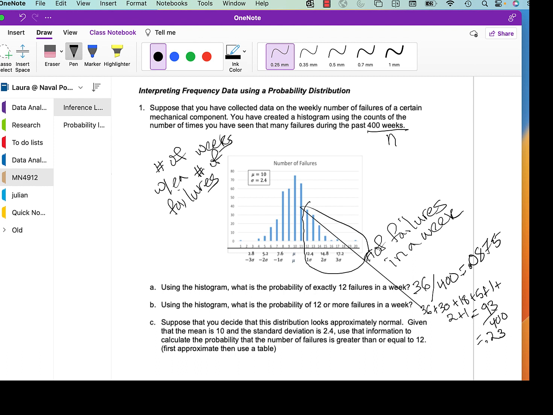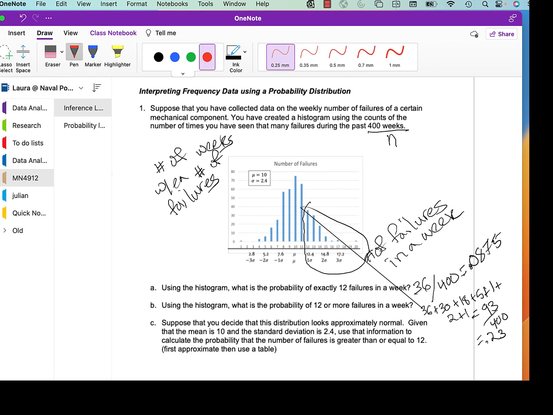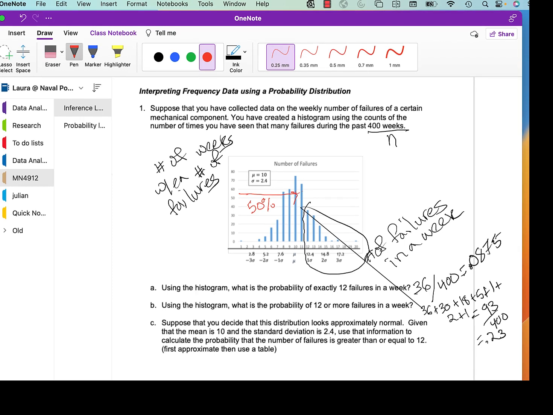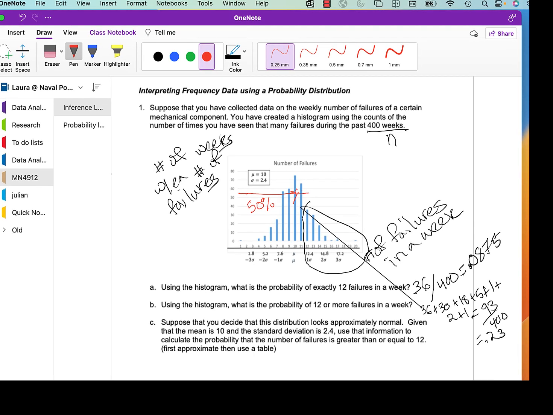So if I was approximating, I would say that that's about 1 standard deviation. So up to the mean, right, we have about 50%. Then from the mean to one standard deviation, right, we have about another 34%.